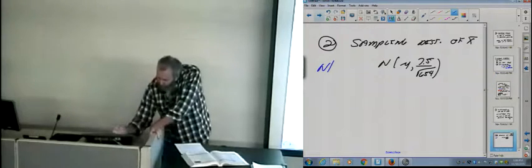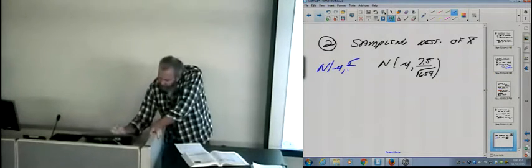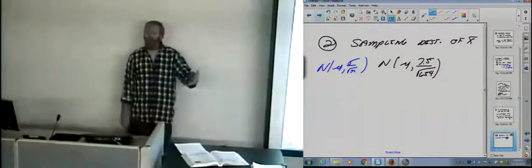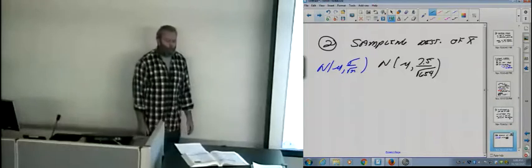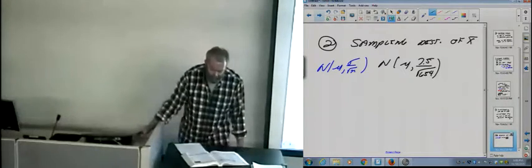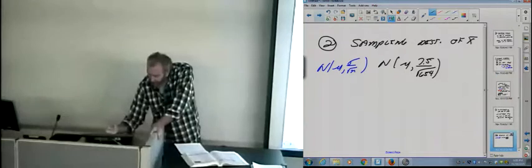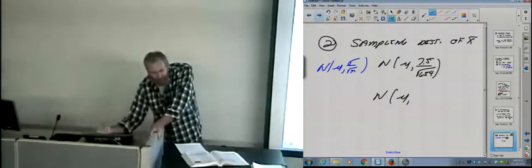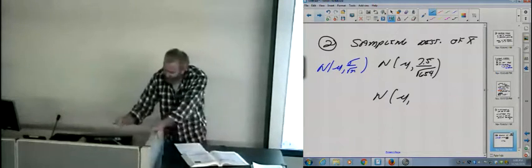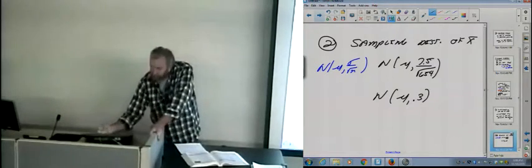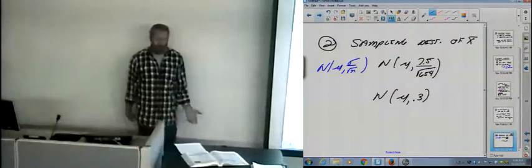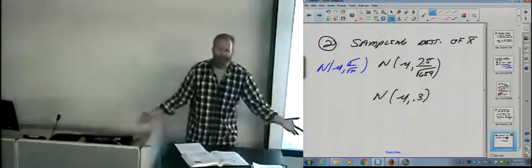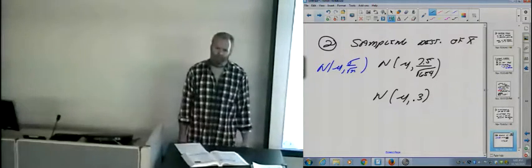I know sigma is 7.5. I know my sample size is 654. If I punch all this in the calculator, I get normal, mu, 7.5 divided by the square root of 654. The book tells me it's 0.3 rounded. That's where that came from. We took 7.5 divided by the square root of 654, and I got the standard deviation of that sampling distribution being 0.3.